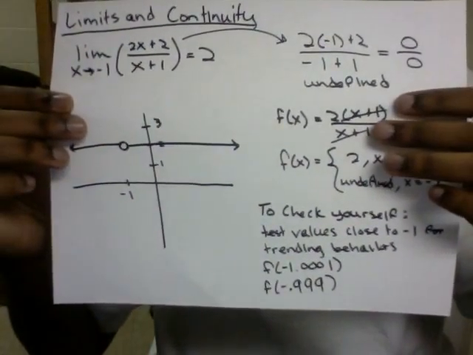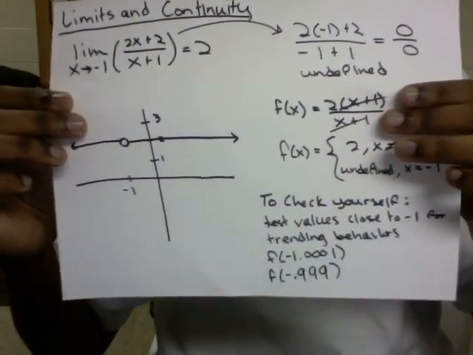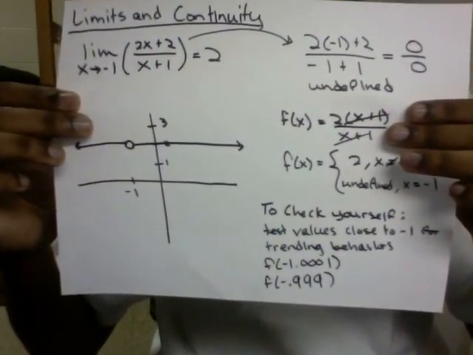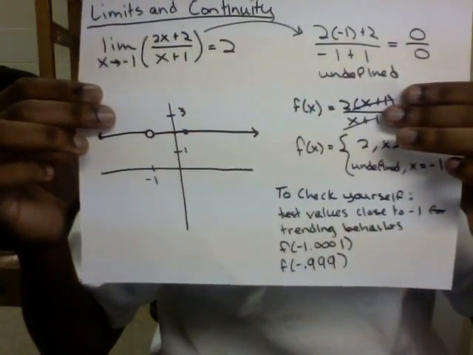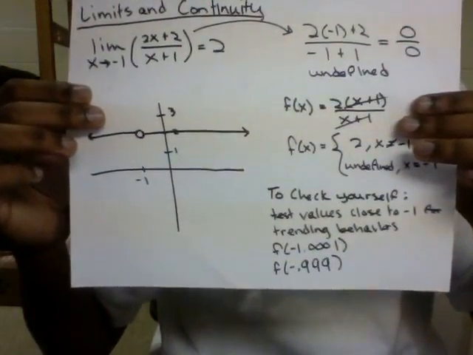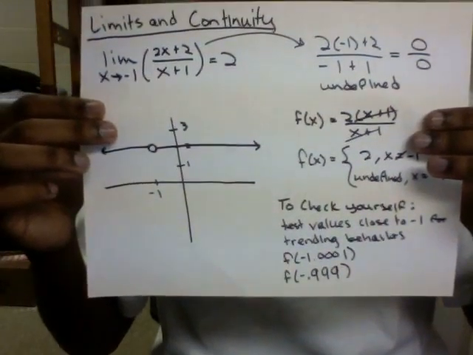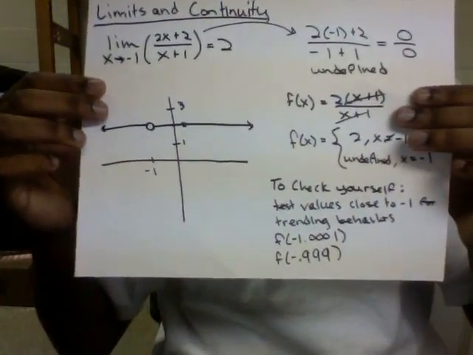But working it out, factoring out the 2 on the top, you get 2 times x plus 1 over x plus 1. So the x plus 1's cancel, and f of x equals 2.